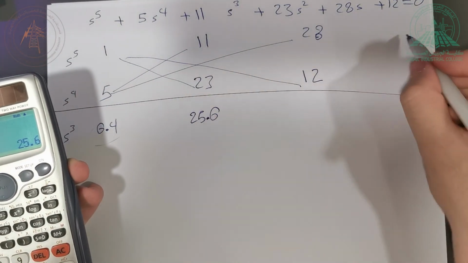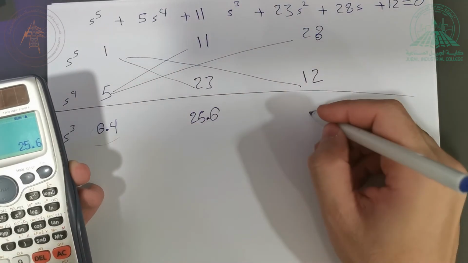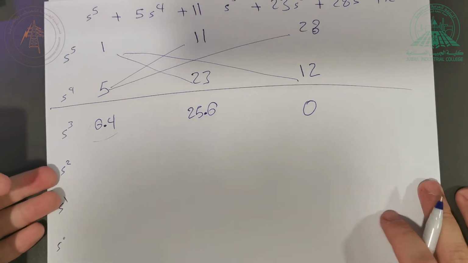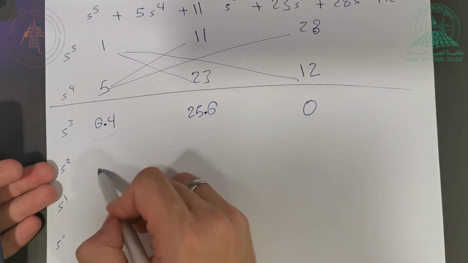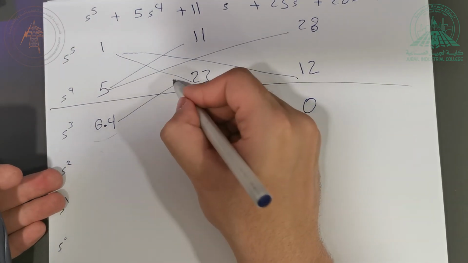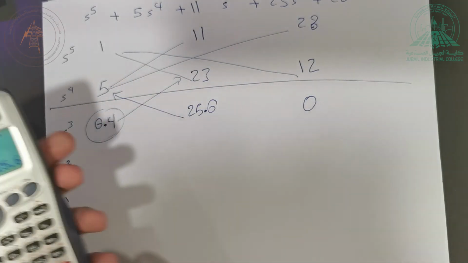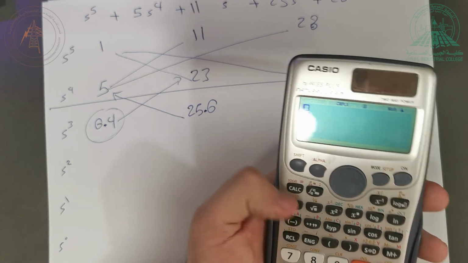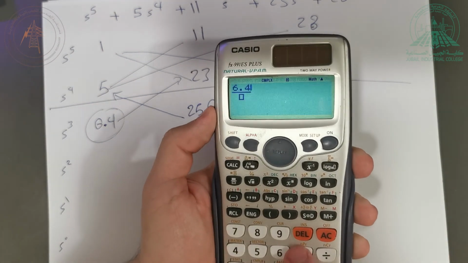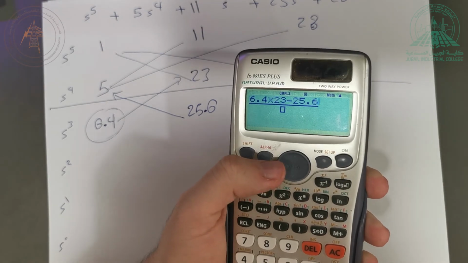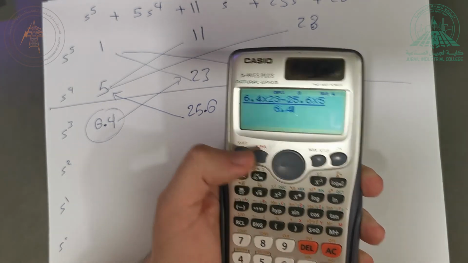And what do we have here? 5 multiplied by 0 minus 0, 0. Fine. How do you get the next element? It's this multiplied by this minus this multiplied by this, divided by this. So it will be 6.4 multiplied by 23 minus 25.6 multiplied by 5, divided by 6.4.